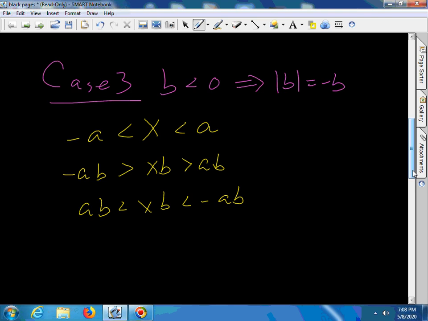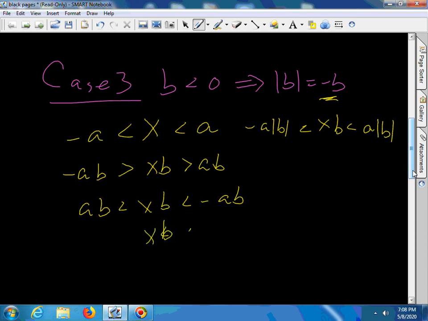So, what I want to show is that xb is in between negative a times the absolute value of b, which is less than, which is less than a times the absolute value of b. But remember, the absolute value of b is negative b. Okay. So, we have this.